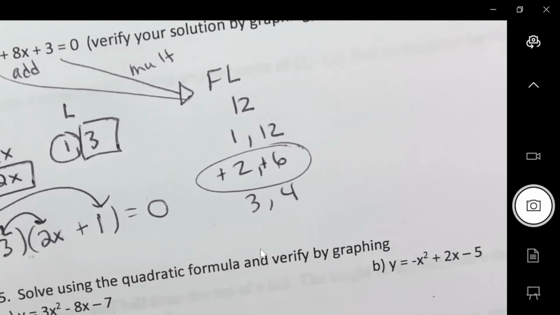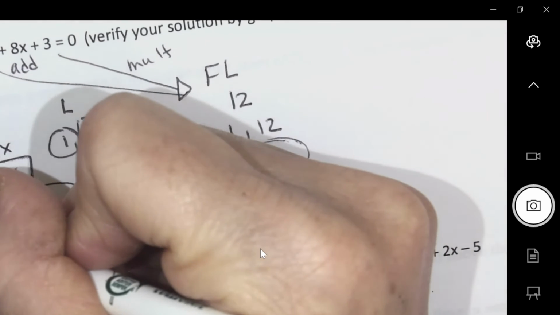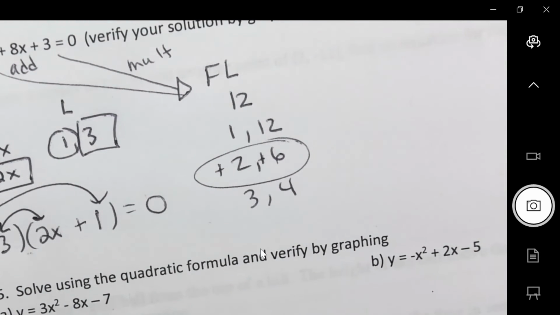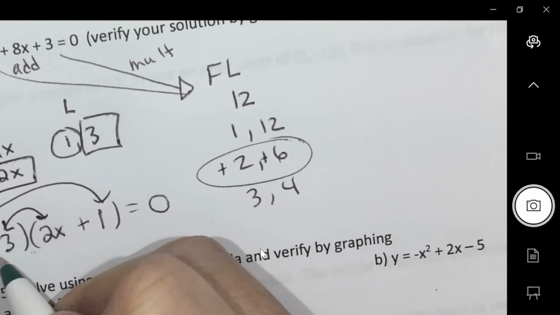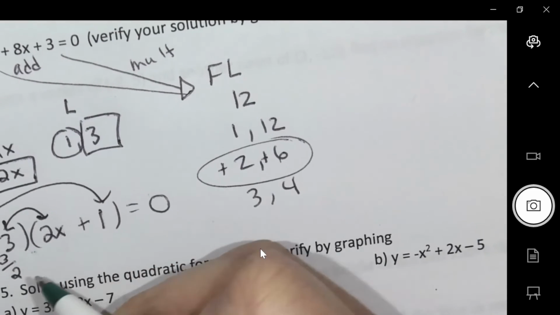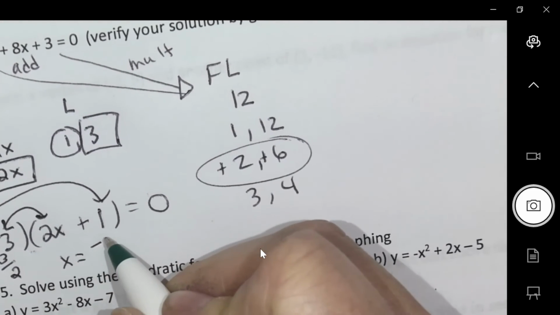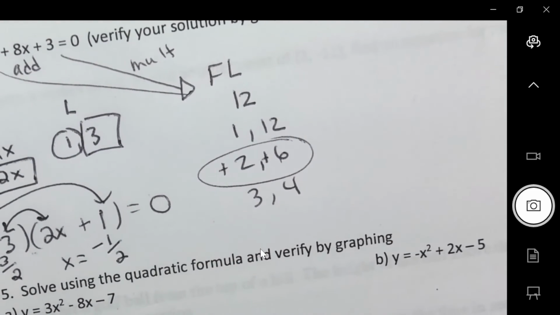So you can see my O makes 2x, my I makes 6x. Together that would produce my 8x. Both of these answers are fractions, so how do I write them? Negative 3 divided by 2. Negative 1 divided by 2.